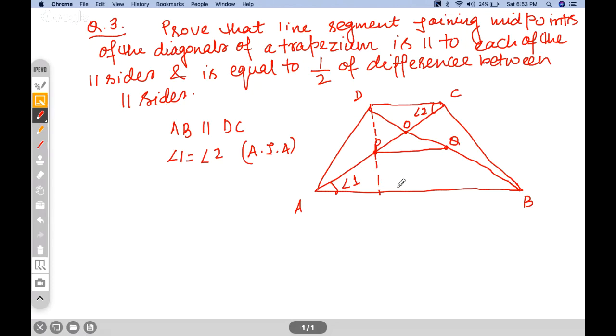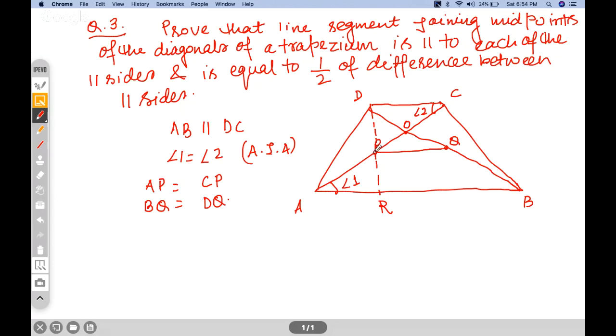I'm drawing a line DR through P. One thing is clear, as P is the midpoint. So let me write down what I know. I know AP is equal to CP. I also know BQ is equal to DQ.